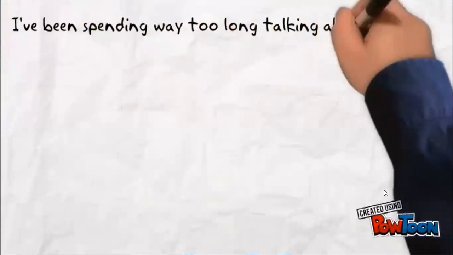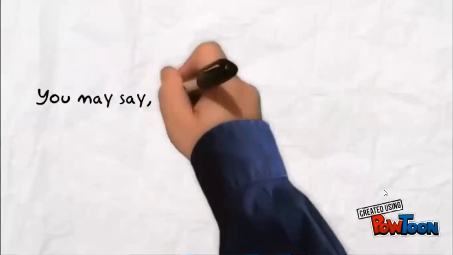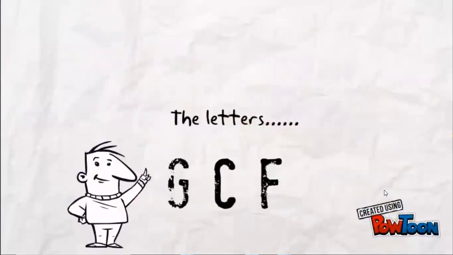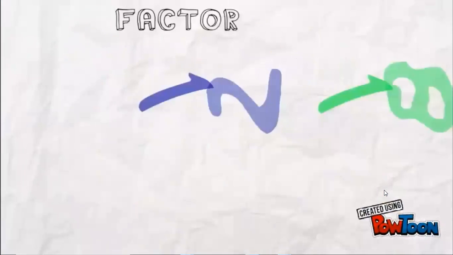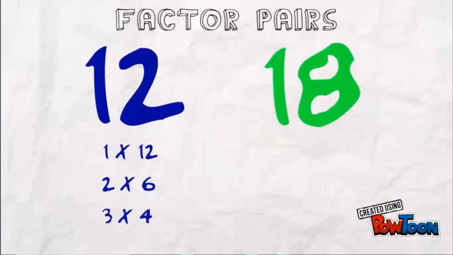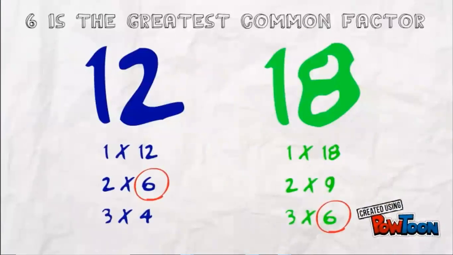I've been spending way too long talking about multiples. In fact, the LCM is barely even helpful. You may say, what is that? The letters GCF. Again, you need your numbers, but instead you factor them both to see if there's a number they both are made of. And if that number exists, you found the GCF.